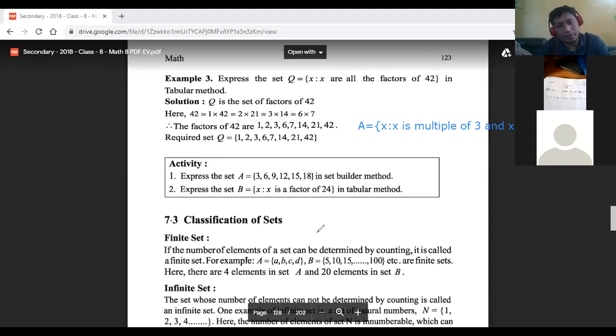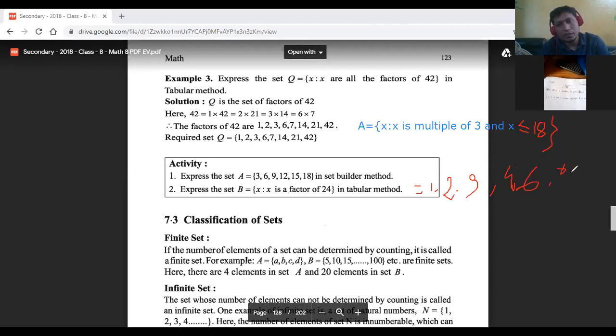If you write it down, its answer will be 1, 2, 3, 4, 6, 8, 12 and 24. If we enclose them by second bracket, we will get the desired answer.